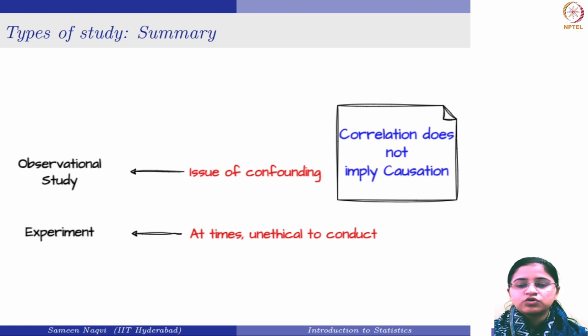Note that it can only talk about correlation, that these 2 variables are correlated or associated to each other, but it cannot establish a cause and effect relationship. We also know that correlation does not imply causation, because we can establish causation when we perform experiments.